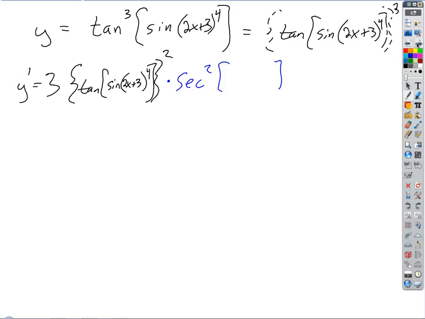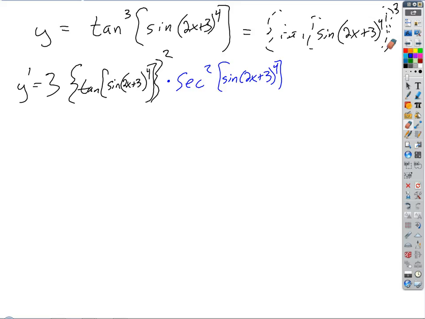So the next layer, the derivative of tangent, gave us back secant squared of all this stuff, sine of 2x plus 3 to the 4th. So we peel away the tangent layer, and now the tangent is gone.